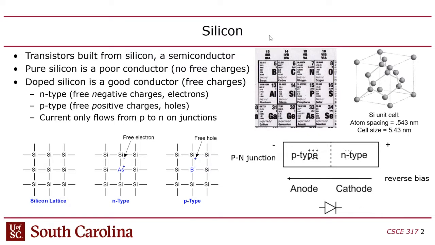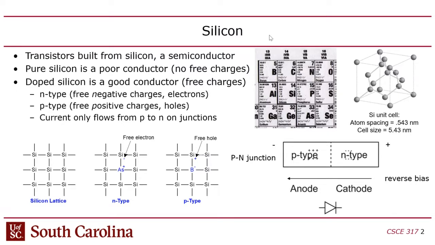If you try to reverse bias it, where the P-type has a negative voltage relative to the N-type, the diode will not conduct any current, because it causes the charge carriers in both the P and the N-type silicon to move away from the junction where they meet.